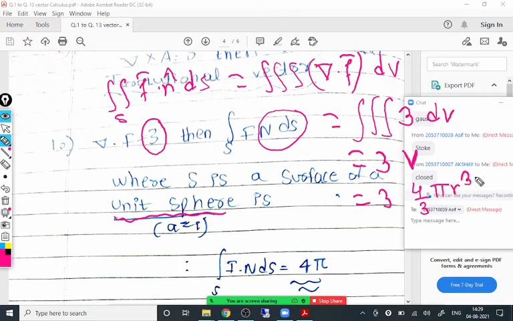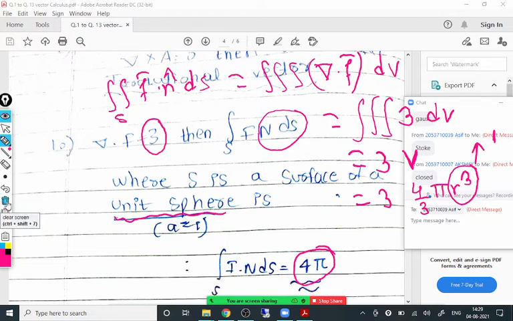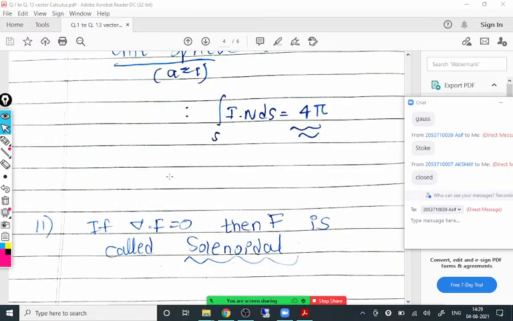As it is a unit sphere, r is 1, so r cube is 1, 3 gets cancelled and 4 pi is the answer there. Is it clear? Any doubt? No doubts. Okay, 4 pi is the correct answer.